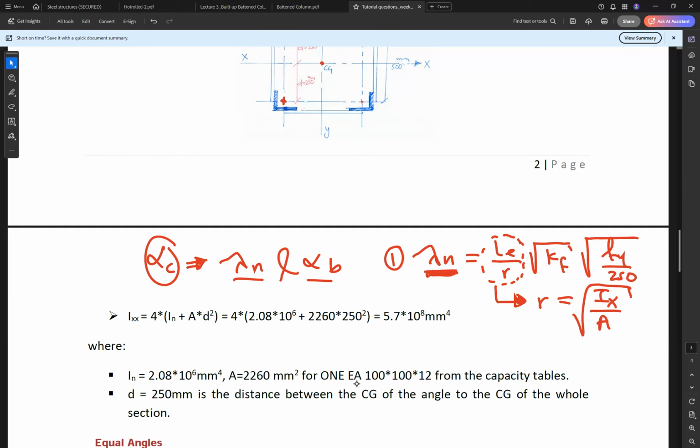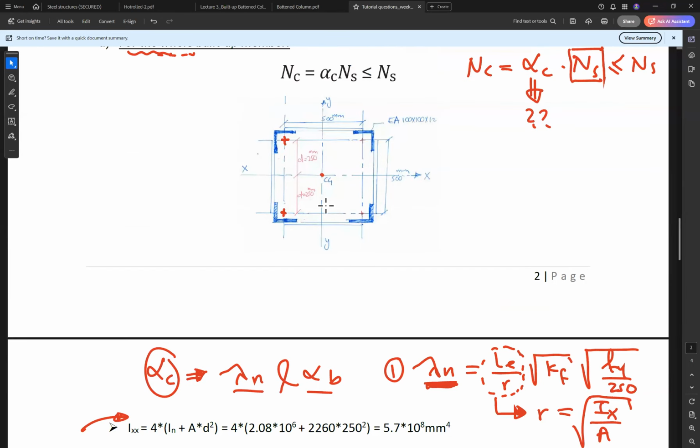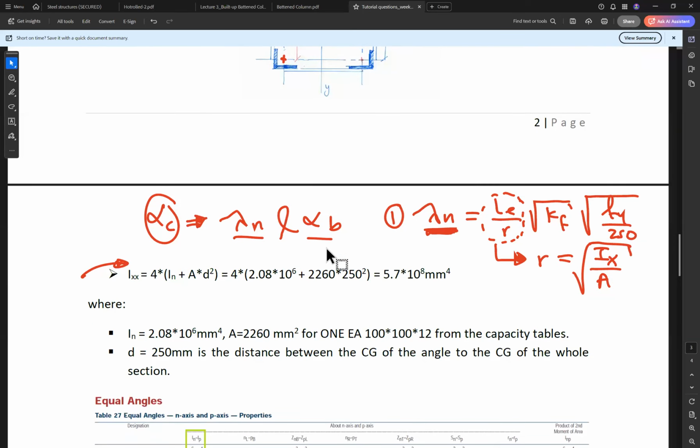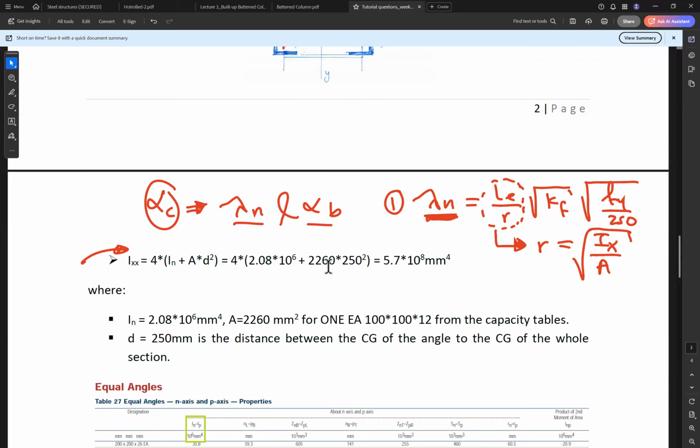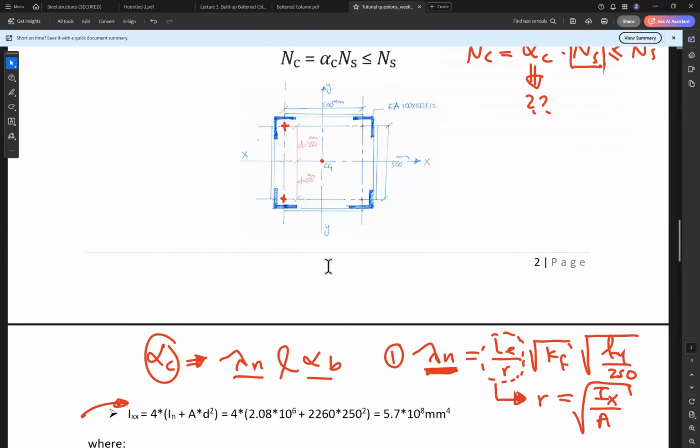So we need to find firstly Ixx for this built up section. Ix will be equal to the inertia of one angle multiplied by 4.